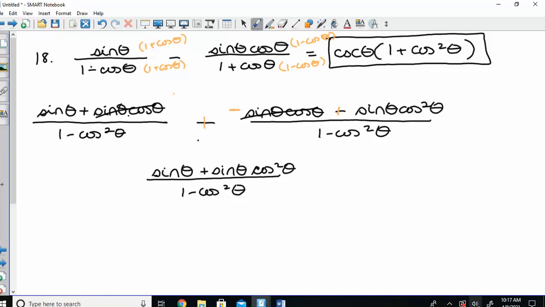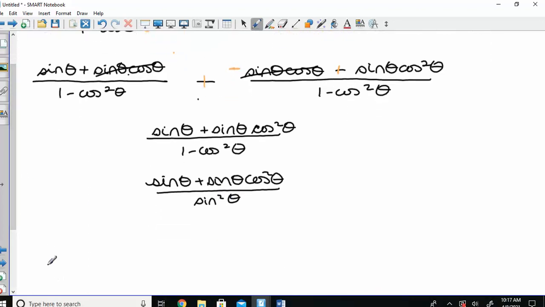Right. What about 1 minus cosine squared theta? What can you change that to? Sine squared. Yeah, let's do that. So then what happens? Can one of the sines in the bottom cancel?